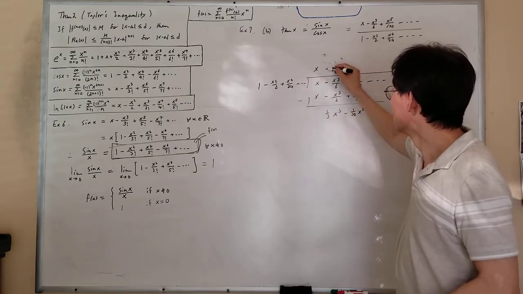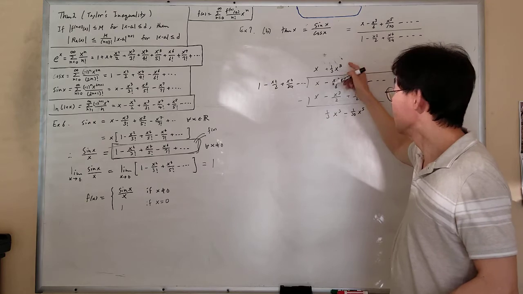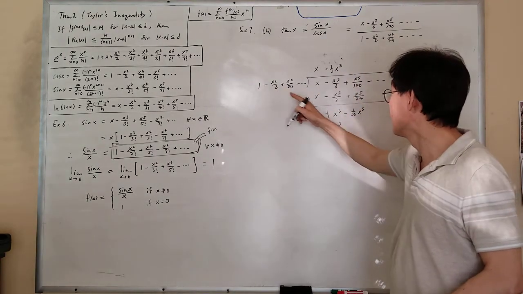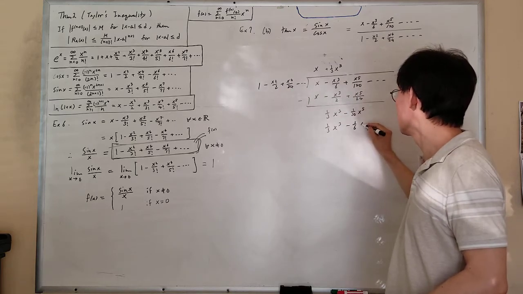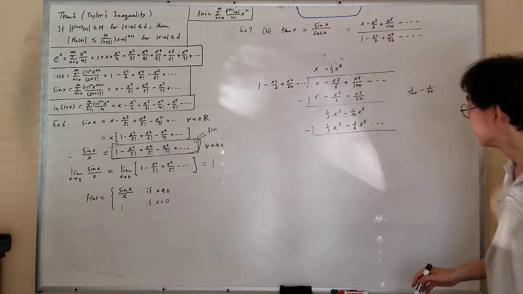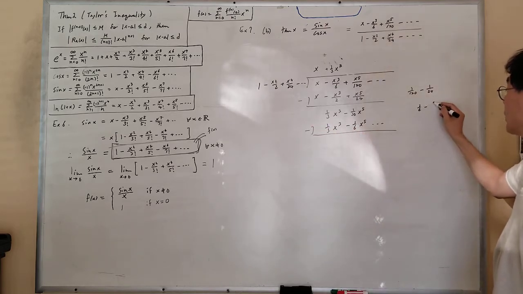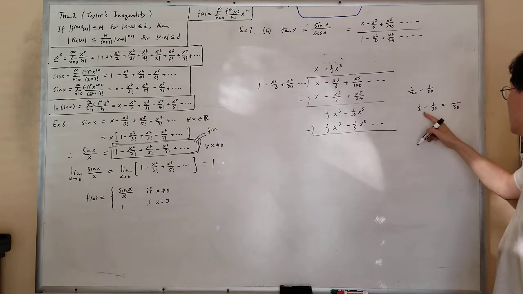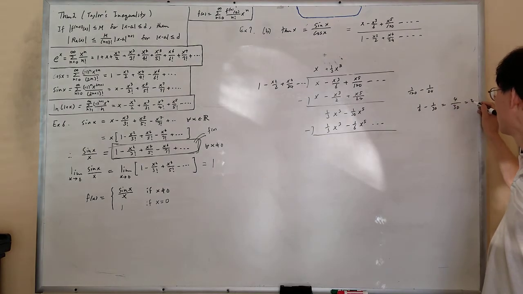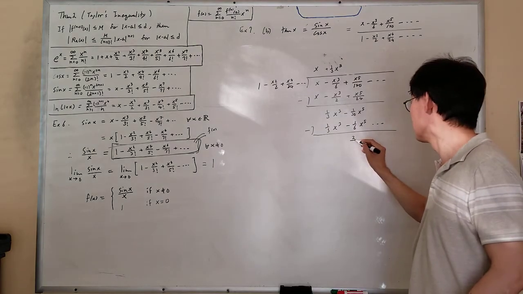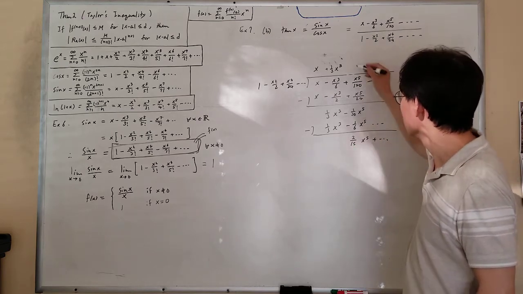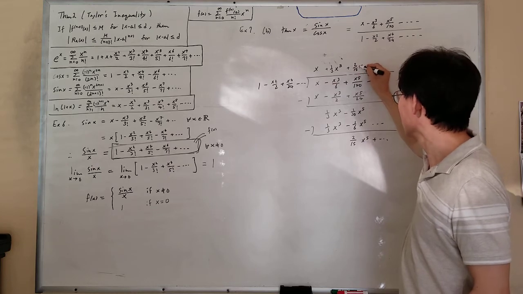For this, 1/3 x cubed, right? 1/3 x cubed multiplied by minus 1/6 x to the 5th, whatever. Now subtract. Positive 1/6 minus 1/30. So this is 5/30 minus 1/30, 4/30, 2/15. So then I know that this one has to be 2/15 x to the 5th.